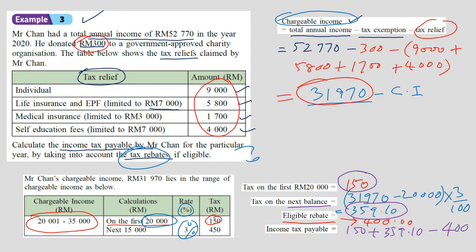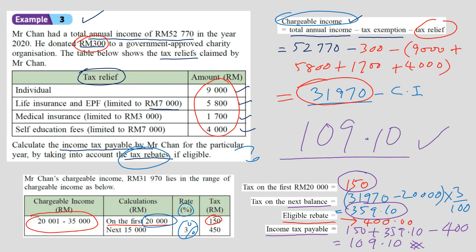So the income tax payable is only 109.10. Wow, that is a very small amount.